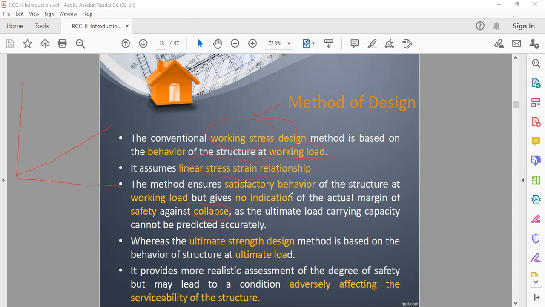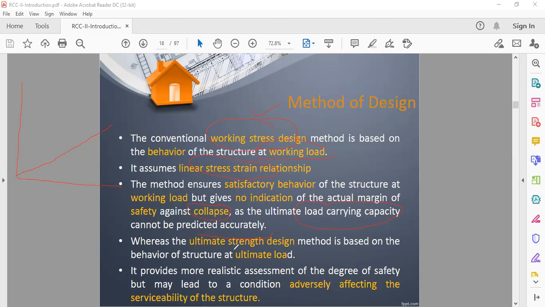So it does not give much indication about the collapse, as the ultimate load carrying capacity cannot be predicted, that is, the ultimate load carrying capacity of the material you are going to use, or the concrete more specifically.